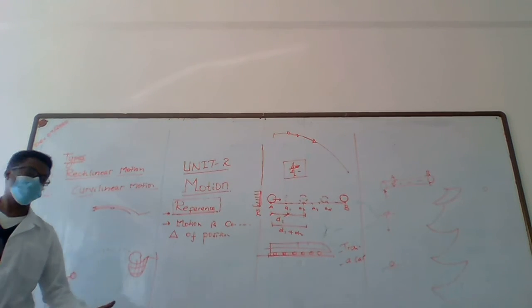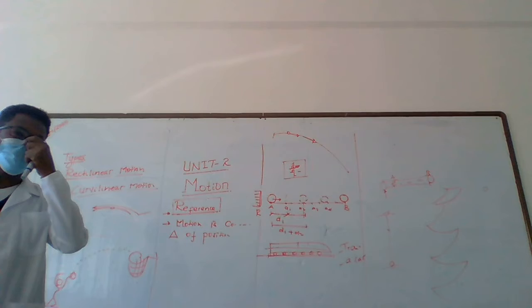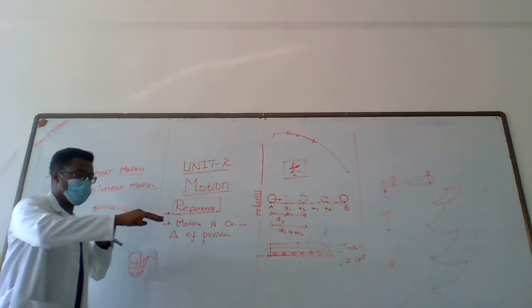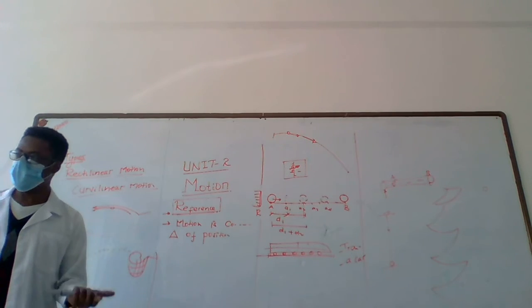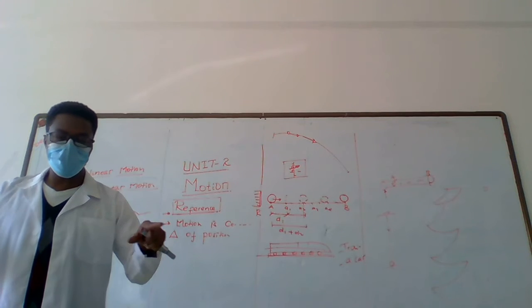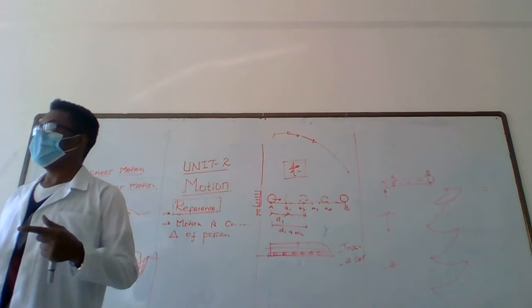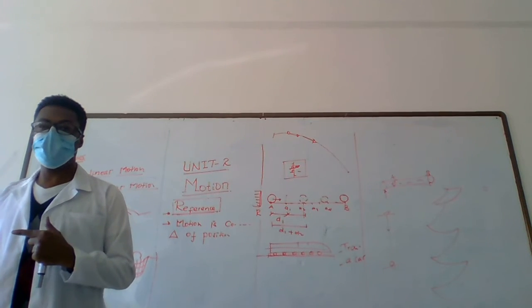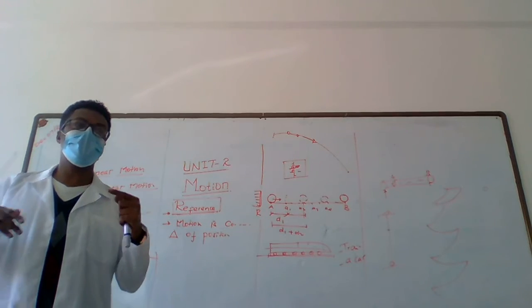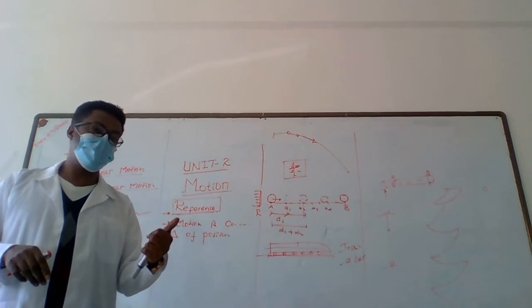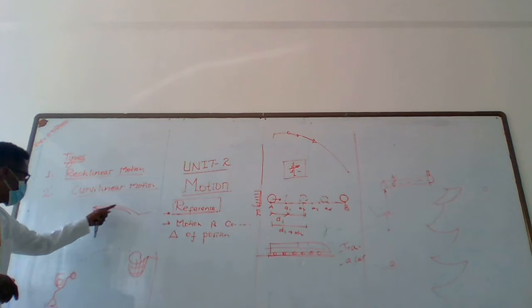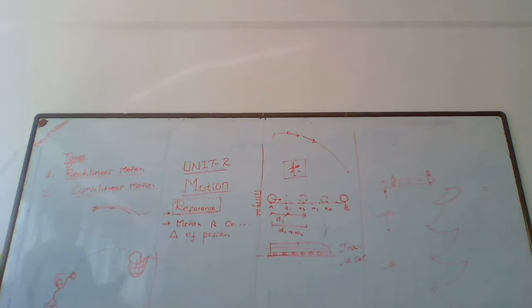So far we see two types of motion. The first is straight line motion, which we call rectilinear motion. The second one is curvilinear motion, a motion along a curved path. We took an example: a roundabout, when a car is rounding about.